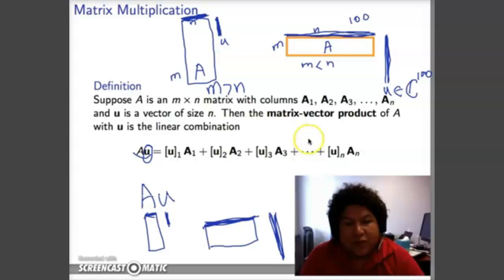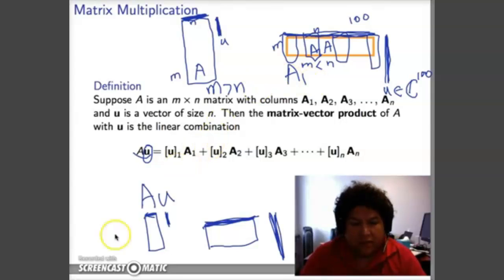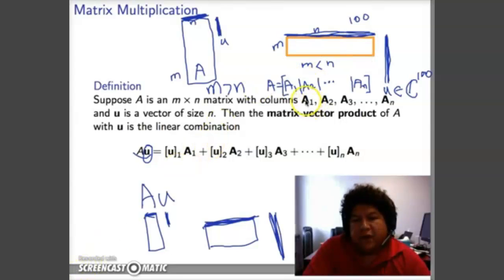The next thing we note is that the matrix at play here for the multiplication has columns, so we can refer to the columns: first column, second column, third column, last column. Those columns are labeled A sub 1, A sub 2, A sub 3, all the way through A sub n.